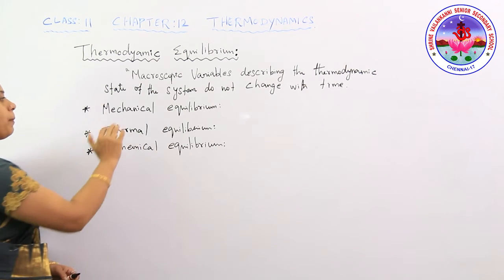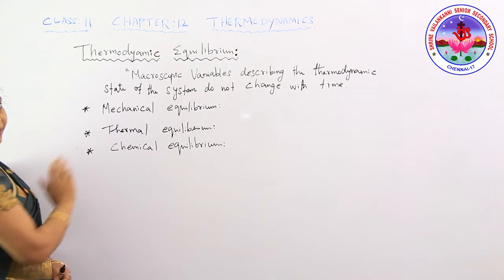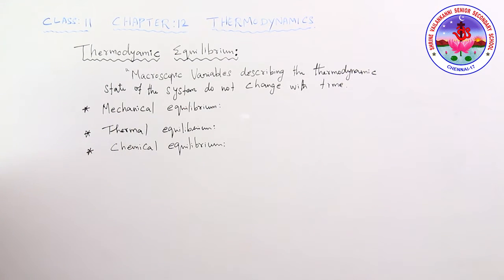And we have mechanical equilibrium, thermal equilibrium, and chemical equilibrium. In mechanical equilibrium, there is no unbalanced force in the interior of the system or between the system and the surroundings. Thermal equilibrium is when all parts of the system and the surroundings are at the same temperature.